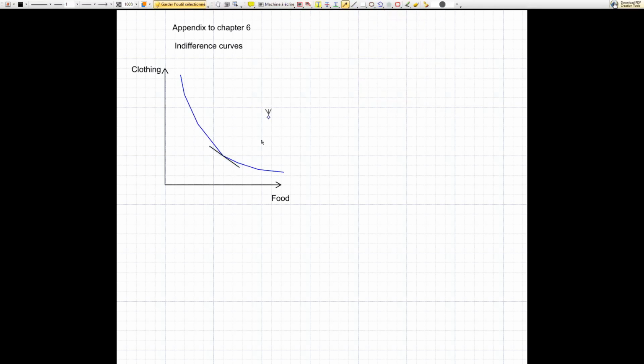So this is something we've seen last time. The slope is the change in clothing that you have to incur if you want to increase the unit of food by 1.